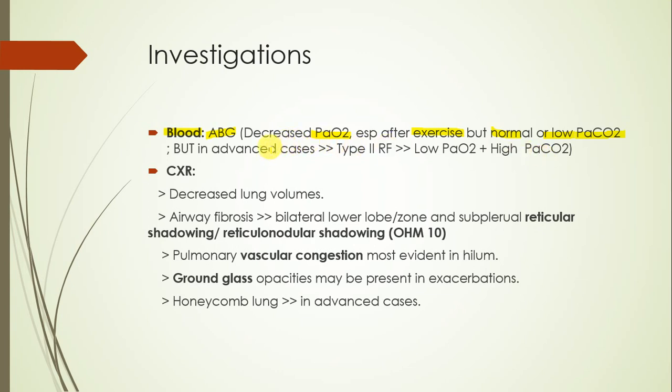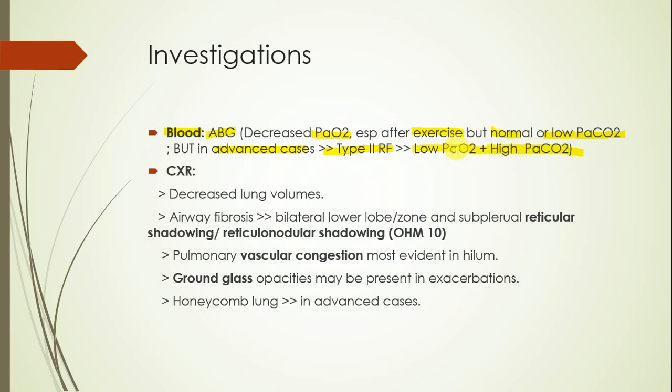But in advanced cases, whenever the fibrosis is so extensive that it impairs both gaseous exchanges, hampering the exchange of oxygen as well as carbon dioxide, it leads to type 2 respiratory failure, whereby you will have a low partial pressure of oxygen and a very high partial pressure of carbon dioxide.